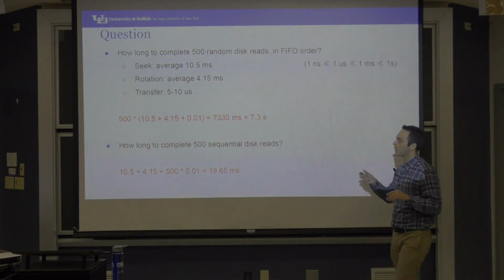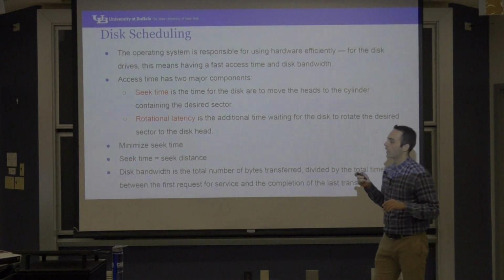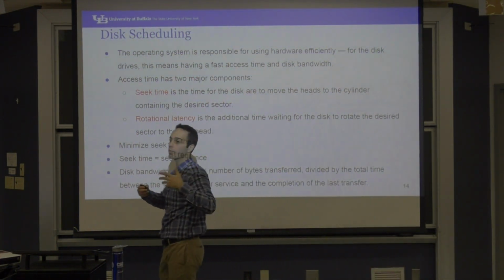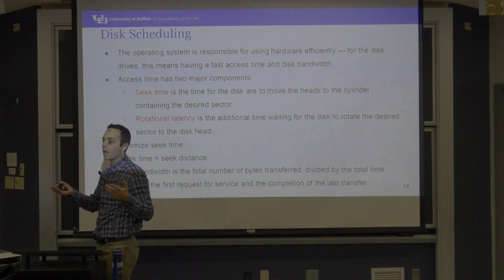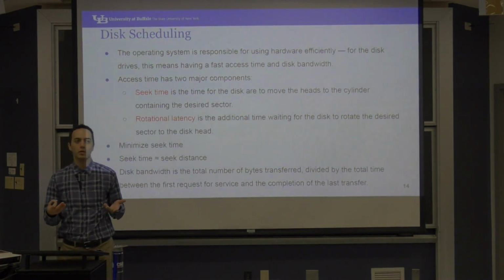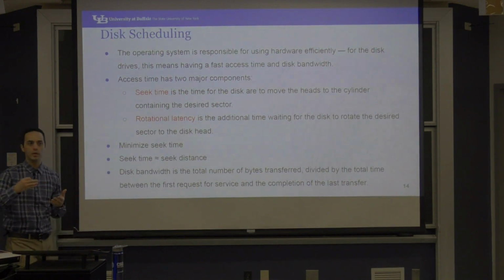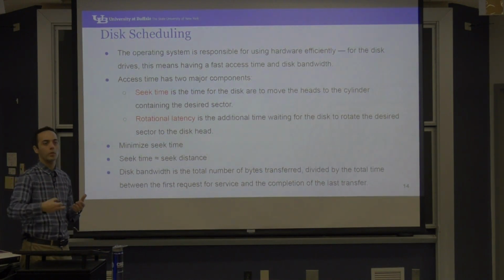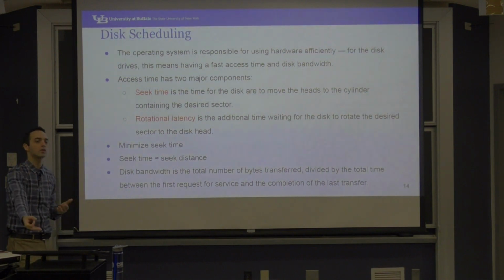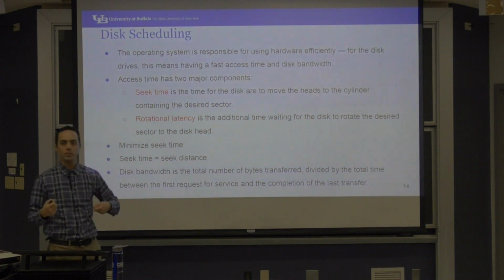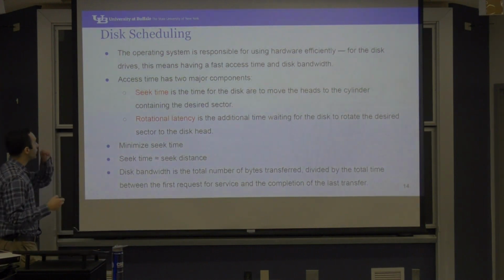So we are taking a look at the disk scheduling, and that is if the operating system knows that we need to read a bunch of data, can we manage it a little bit better? Because as you said, we're basically going to read them one by one. We're going to submit these requests to the I/O controller one by one. Can we do it a little bit smarter and save some time and do it more efficiently, right?